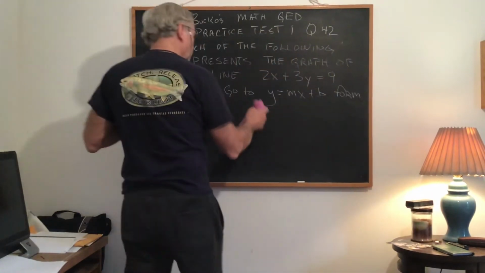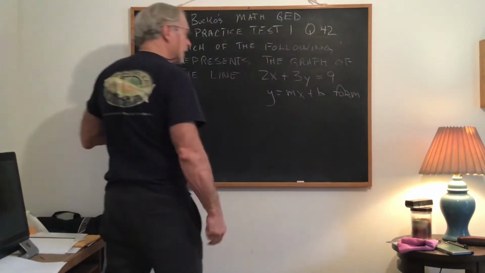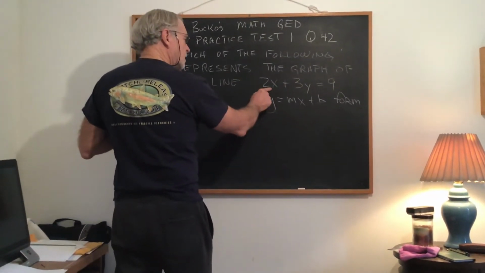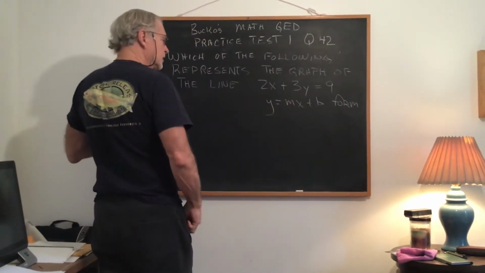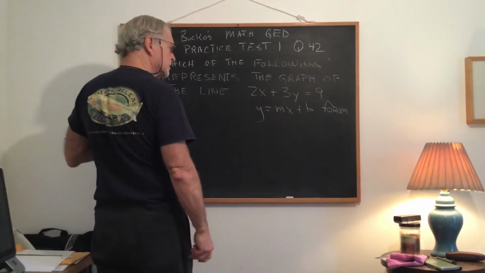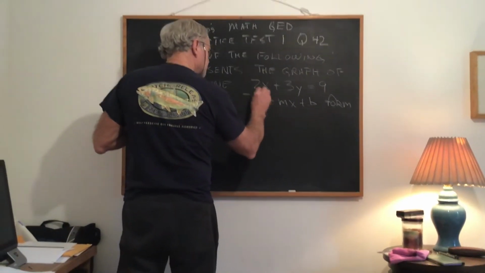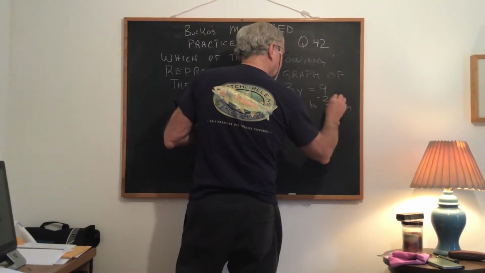Here's what we do for that. You look at it and say, how do I get y by itself over here? This has got to go, and it's going first because it's easiest. You go minus 2x over here, minus 2x over here.